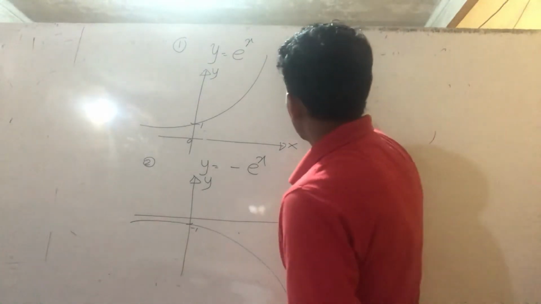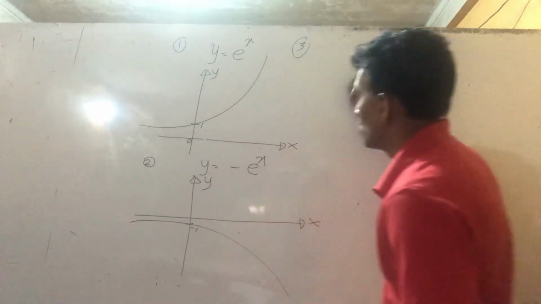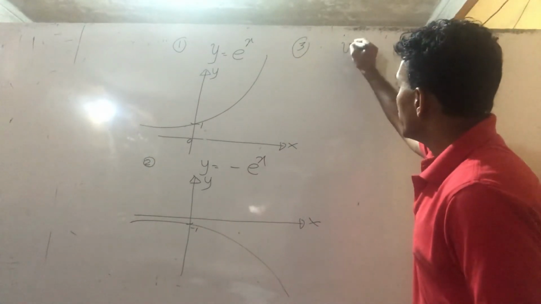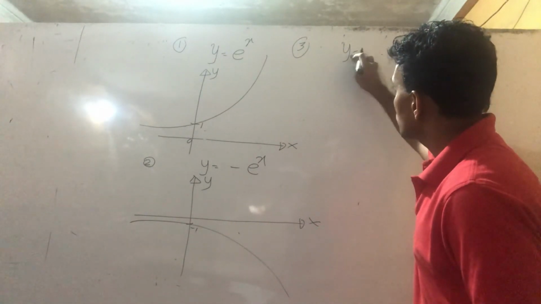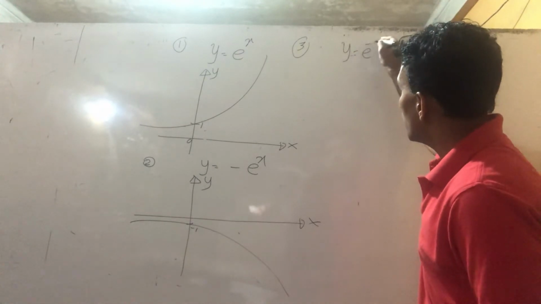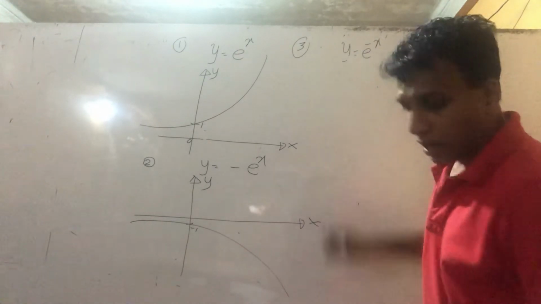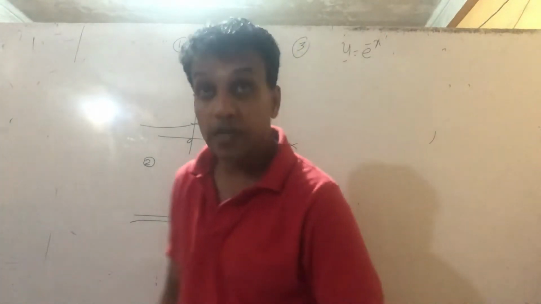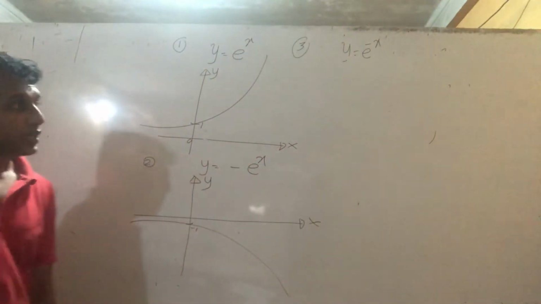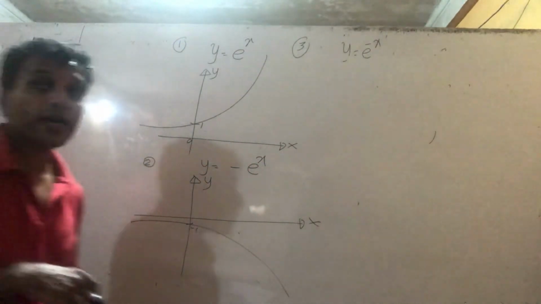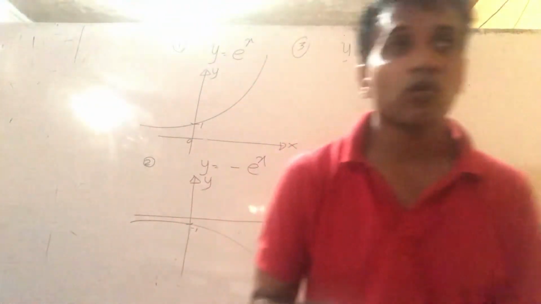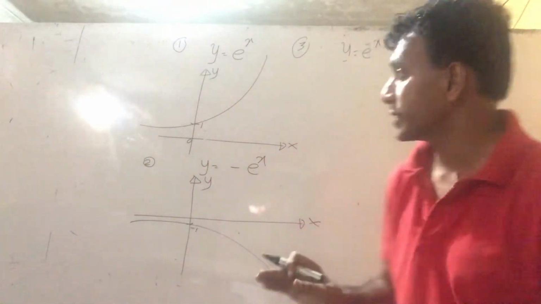Okay, next see the third diagram, I show you y equal e to the power minus x. That's the graph you need for this question. Y equal e to the power minus x.